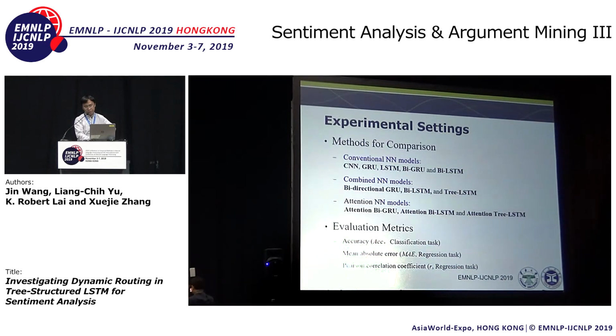To investigate the performance of self-attention, we also implement attention LSTM, attention GRU, and attention tree LSTM by taking as input the hidden states of all non-leaf nodes into a self-attention layer. The metric for SST is accuracy for both binary and fine-grained classification. For EmoBank, we used the Pearson correlation coefficient.